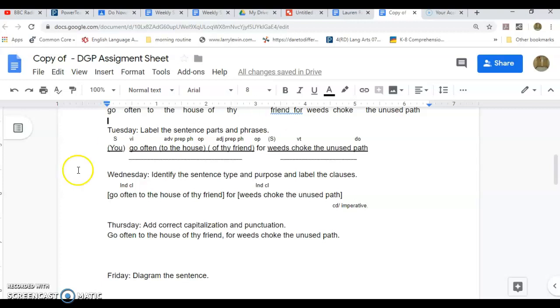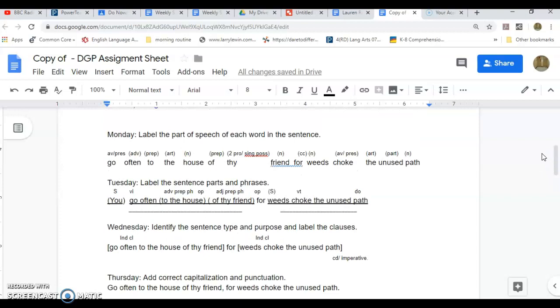So then we're going to identify our phrases, if we have any. This is an easy part because you all have completed Monday and you've labeled all of the parts of speech. So you know if I have a preposition, that means I have to have an object of a preposition, right? So that's easy.